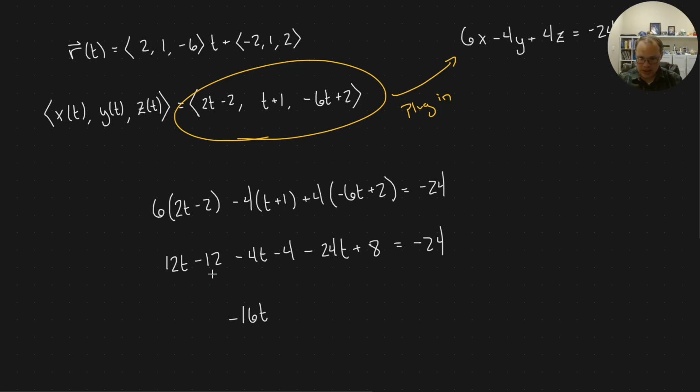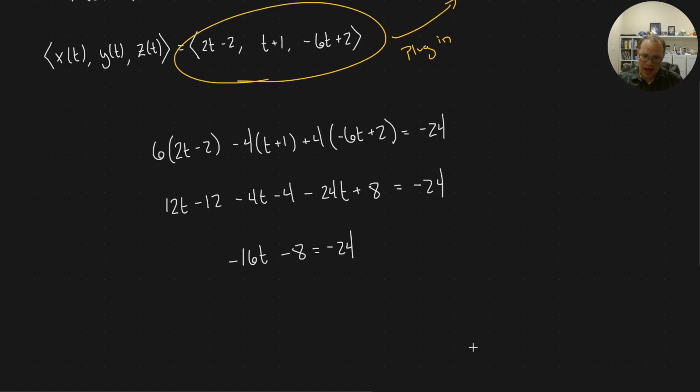And the terms without t's, negative 12 minus 4 is negative 16, plus 8 is negative 8. Okay. Add 8 to both sides. I get negative 16t equals negative 16, which means t is going to be equal to 1.